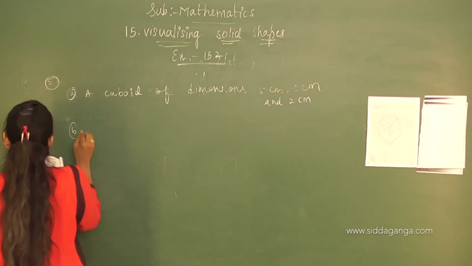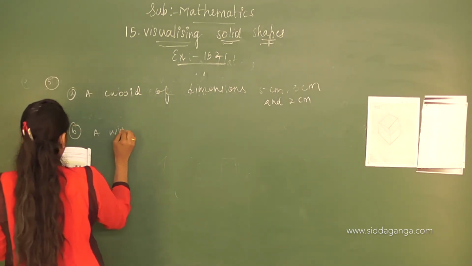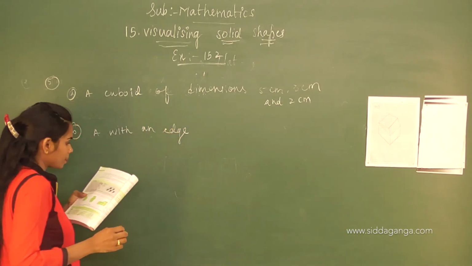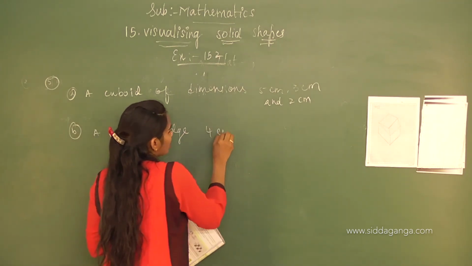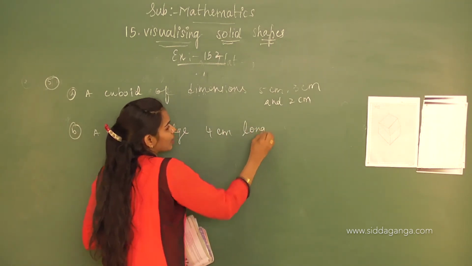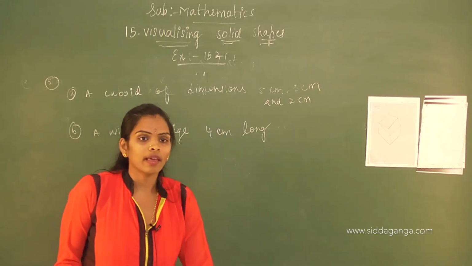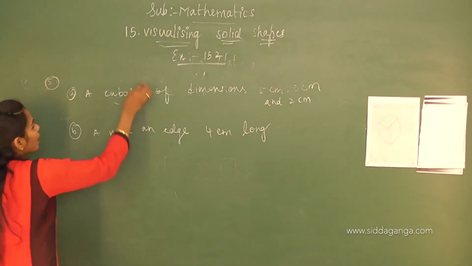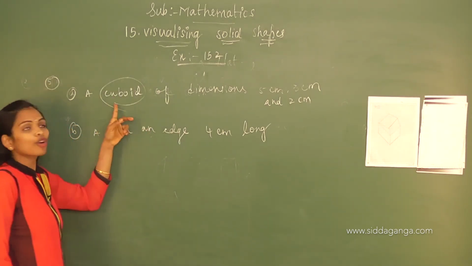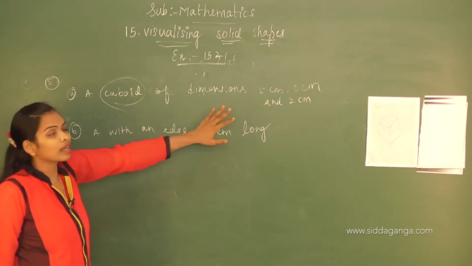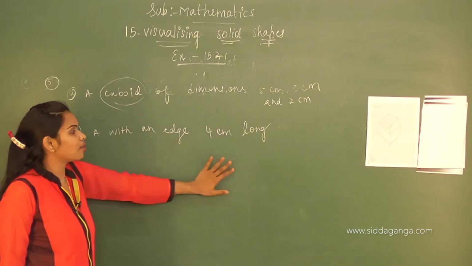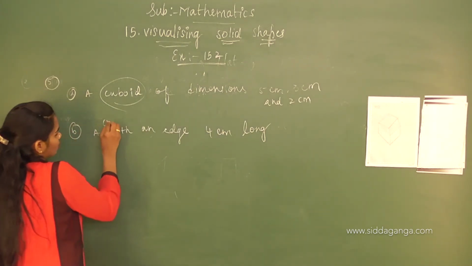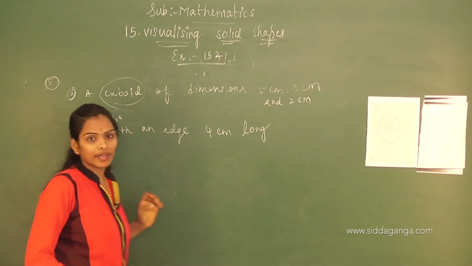B. A cube with an edge 4 centimeters long. Here they are asking us to draw the isometric sketch for the cuboid and cube. I will do the cuboid on that isometric sheet, and the cube you have to do as homework.